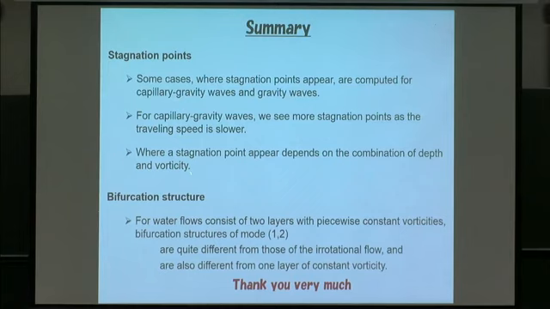Regarding bifurcation structure, for water flows consisting of two layers with piecewise constant vorticities, the bifurcation structures of mode 1, 2 are quite different from those of irrotational flow and also different from one layer of constant vorticity. This work just started recently, so we would like to make more systematic computations in order to classify solutions. Finish. Thank you very much.